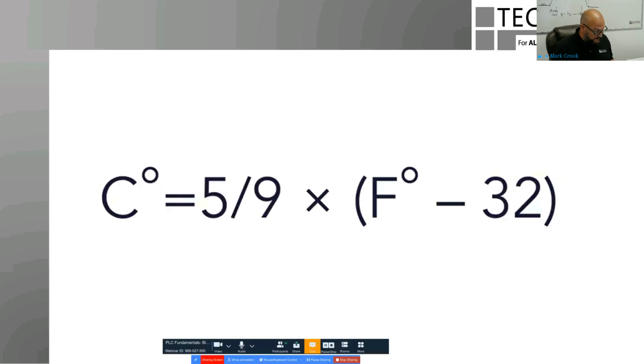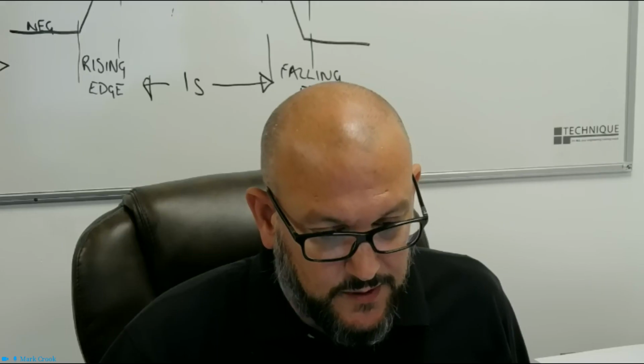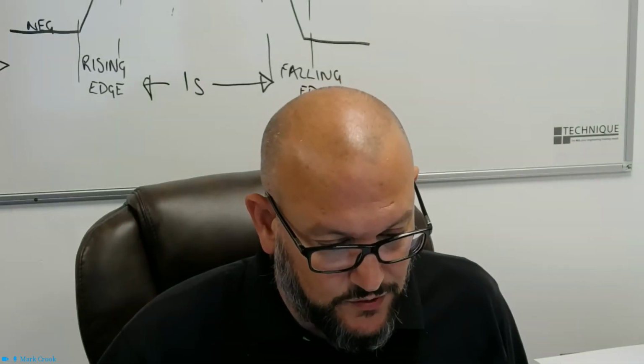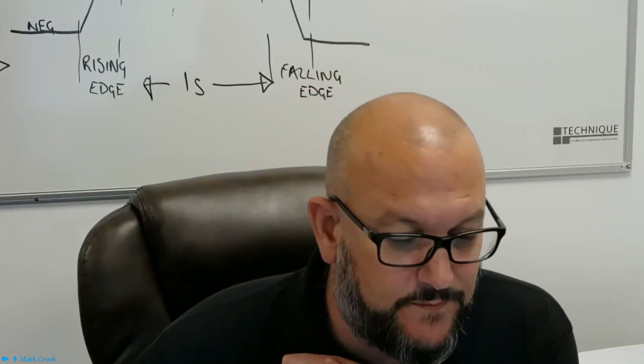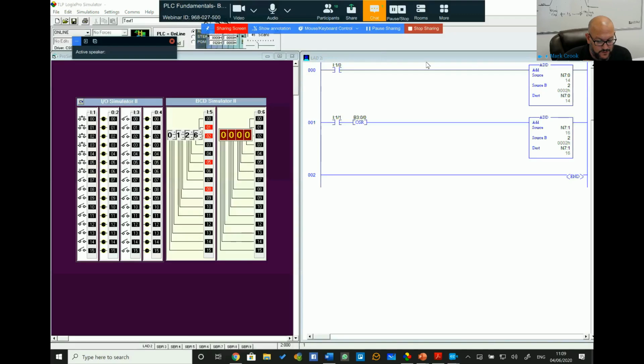Hopefully we're going to create a program that's going to allow us to see all this happen on our screen. So once again, back out of here. I'm going to stop sharing that, and I'm going to once again reshare the program that we need to work with.